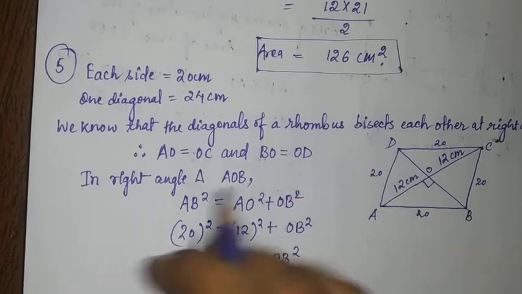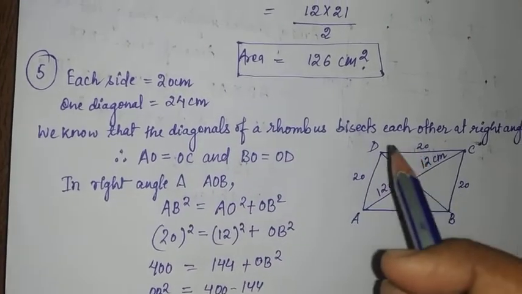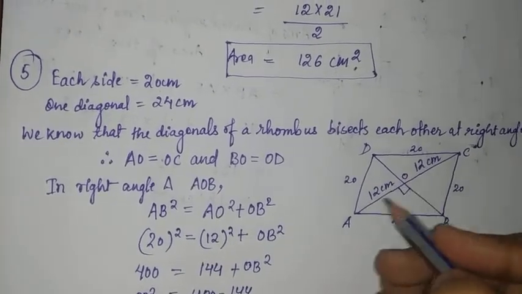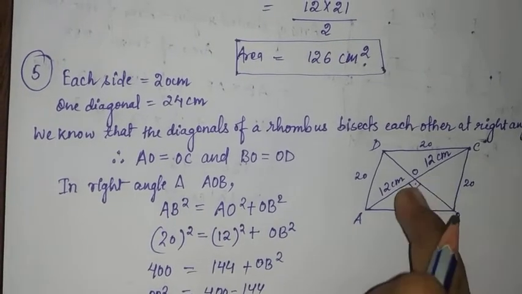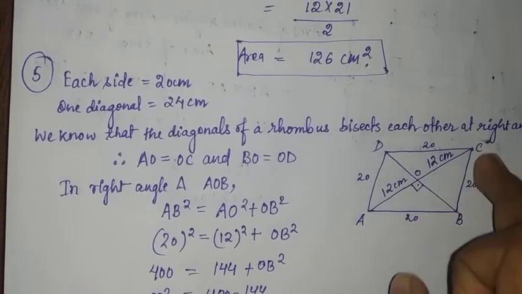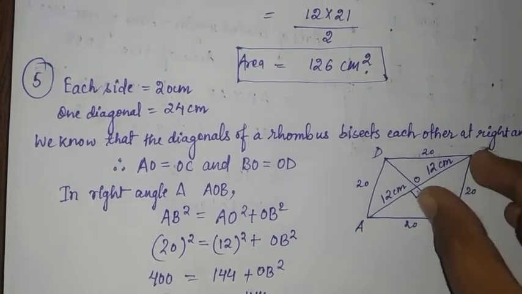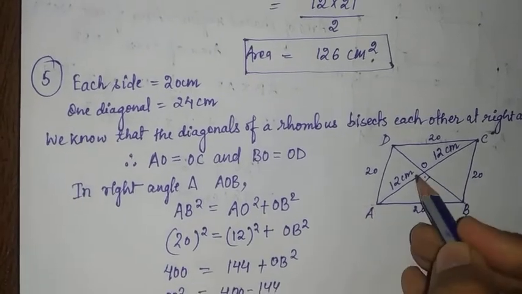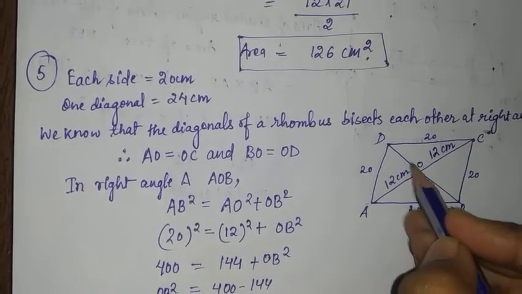So we all know that the diagonals of a rhombus bisect each other at right angles. Means if it is bisected at right angle, then if this line is 24, then this will be equal to 12 and this will be equal to 12. So AO is equal to OC and BO is equal to OD.